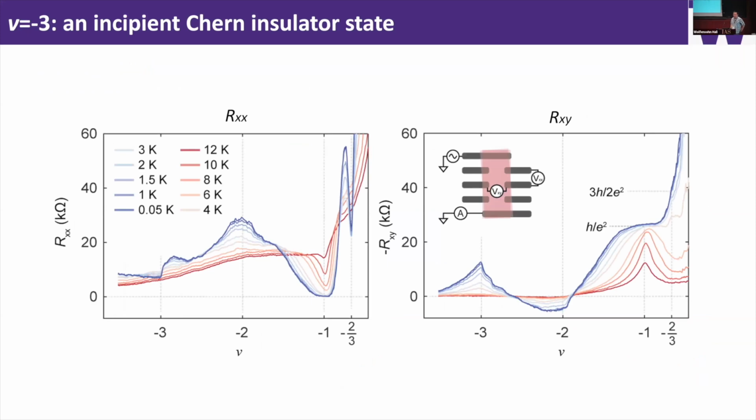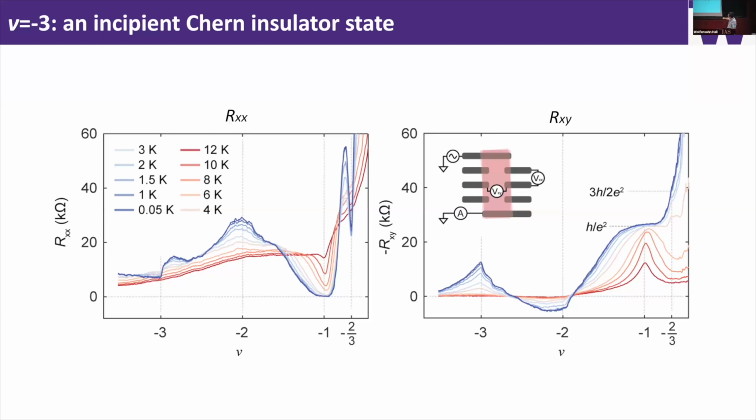Okay, so we can look at the data a bit more carefully. Again, here I show you just the line cuts from the data I showed previously. Then we measure that as a function of temperature, right? On the left-hand side I show you the Rxx, and on the right-hand side is the measurement of Rxy.